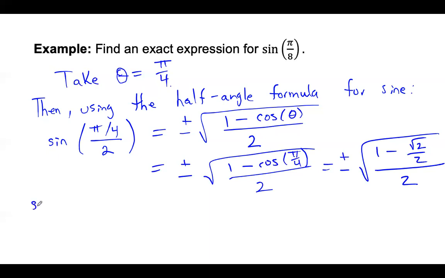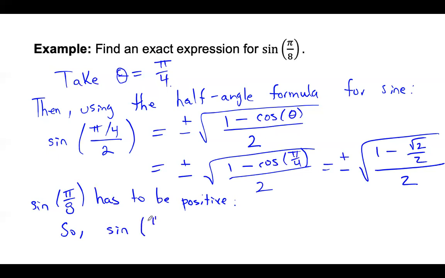Now we know sine of pi divided by 8 has to be positive. So this means sine of pi divided by 8 is equal to, because it's positive, it's just the positive one we take. We could simplify this too.